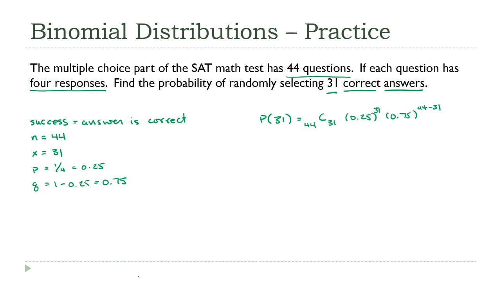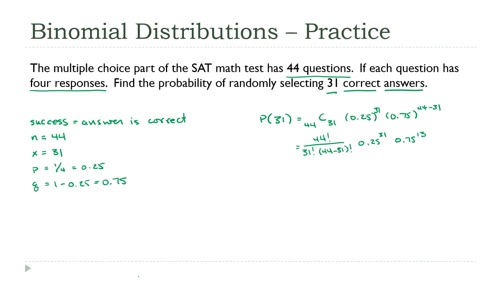And now again, we're going to go to the calculator. This is 44 factorial over 31 factorial times 44 minus 31 factorial, times 0.25 to the 31st, times 0.75 to the 44 minus 31, that's 13.